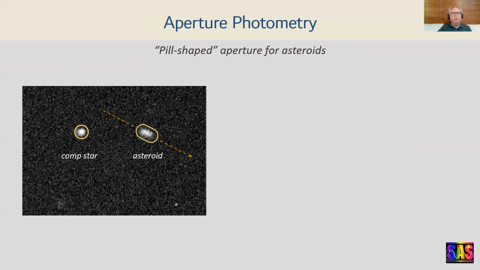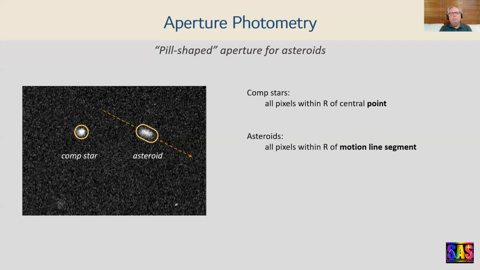And the result of using this small round aperture for asteroids in the same image is catastrophic, because you will lose the front and back photons, and you will lose it to an extent that varies from image to image. So what you set up is a pill-shaped aperture. If somebody has a better name for this, please let me know, but that's what I'm calling it for now.